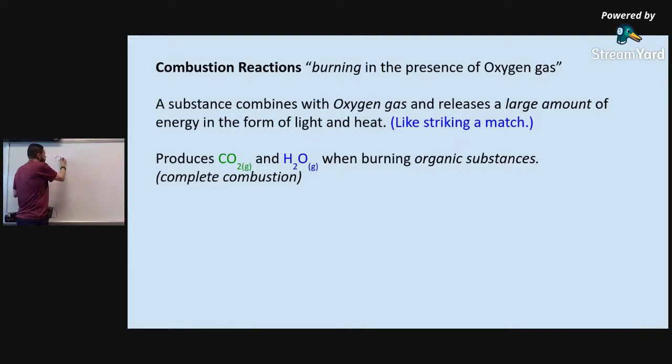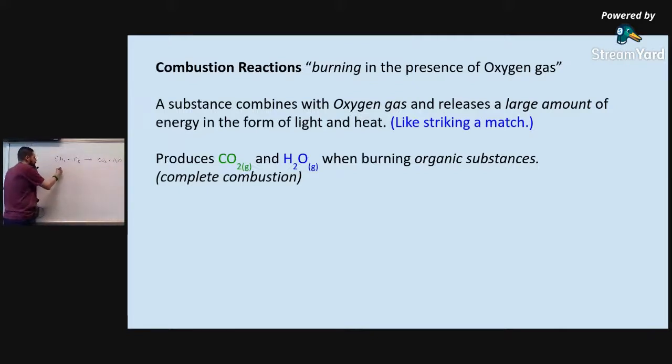So, for example, if I take something like methane, CH4, and react this with oxygen, as soon as I recognize I've got a compound that is carbon and hydrogen, in other words, a hydrocarbon, and I'm reacting with oxygen, this is combustion, and I'm automatically going to produce CO2 and H2O, as well as heat energy or light energy.